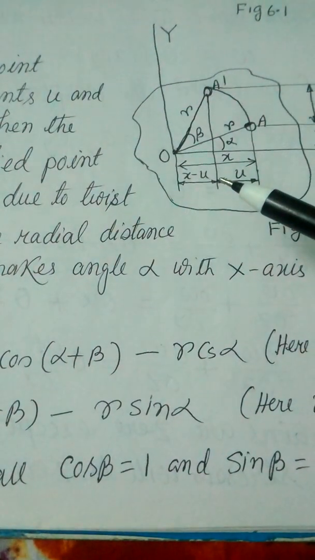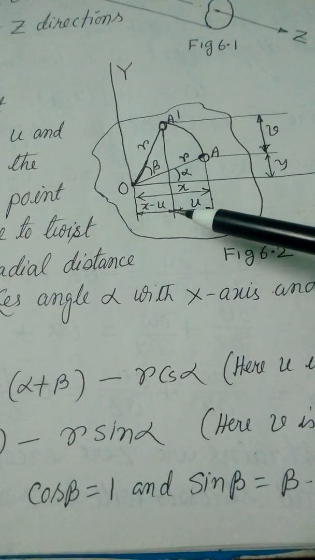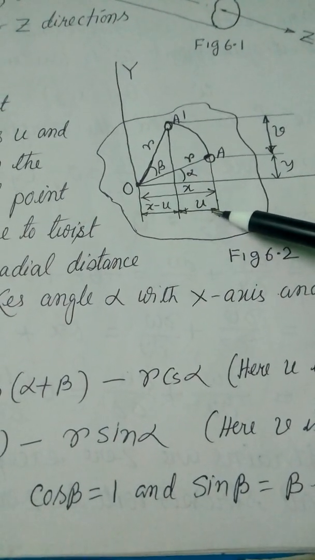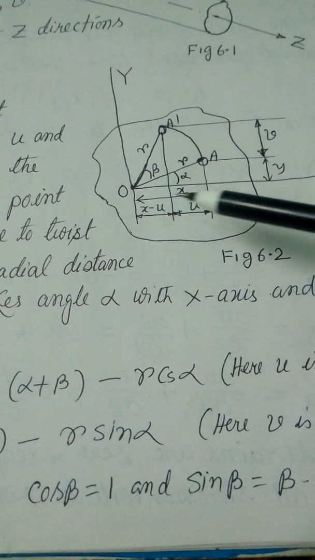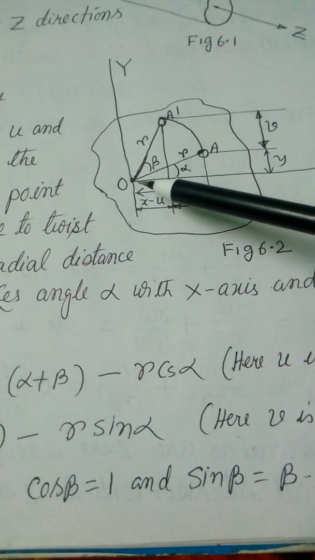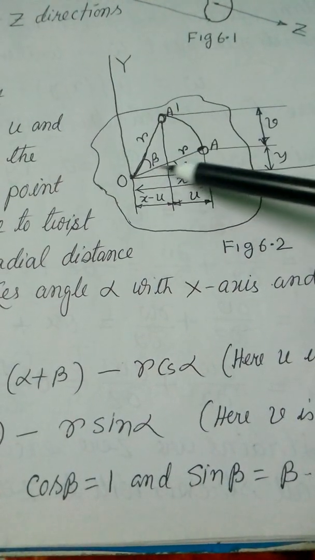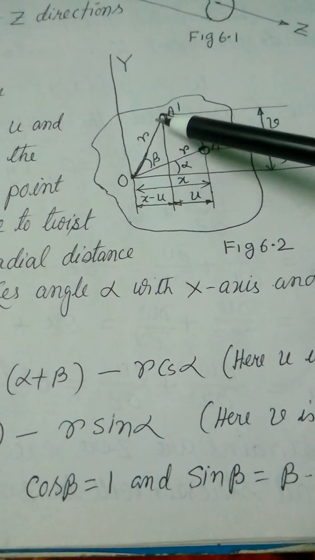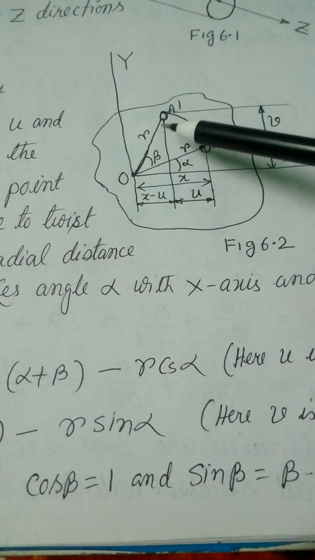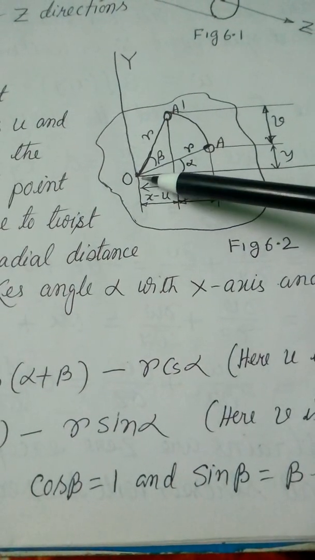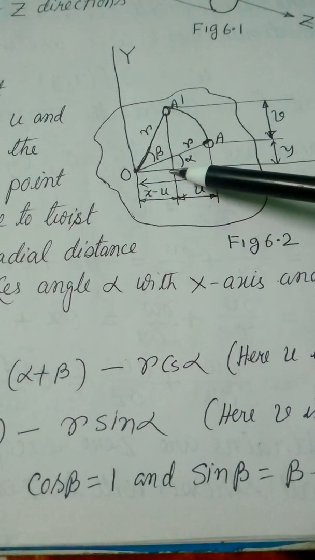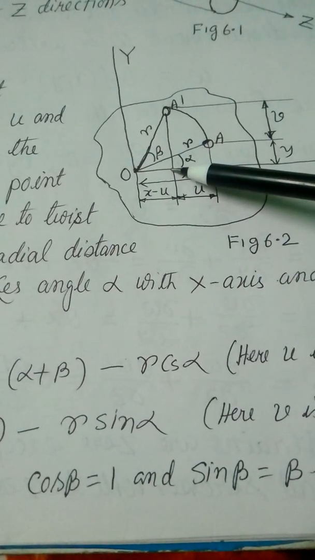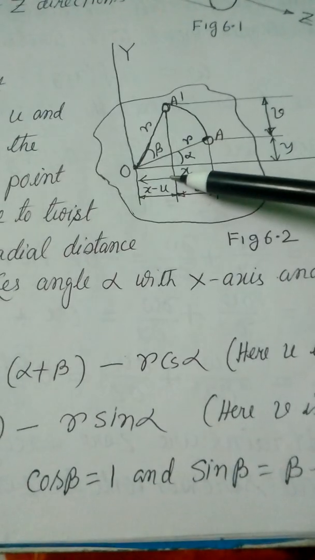From this figure you will easily understand that u is equal to, this is u, this is r. This is also r because it is an arc. So this one is equal to r cos alpha plus beta.